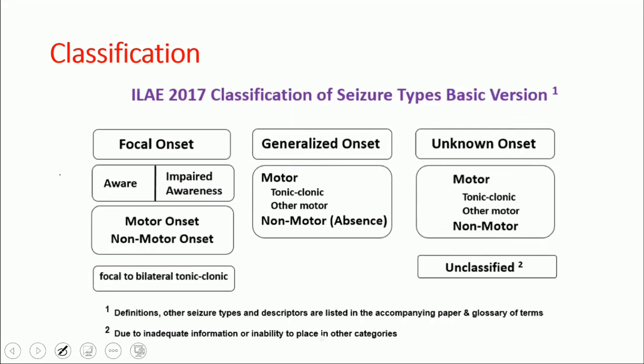So you have focal onset seizures and generalized onset seizures. And there are some other classes of seizures which are classified as unknown, right? Now, this is the main classification that we use currently. Right, let's start off with the MCQs.